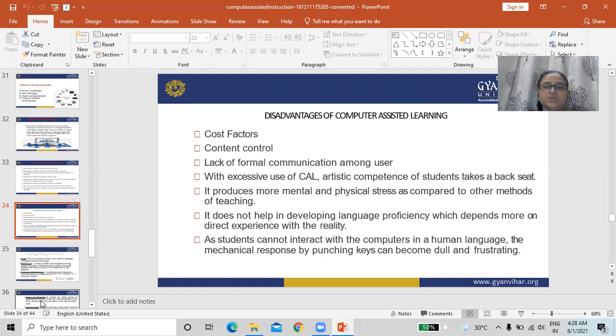It does not help in developing language proficiency, which develops more on direct experiences with reality. As the student cannot interact with the computer in a human language, the mechanical responses by punching keys can become dull and frustrating.